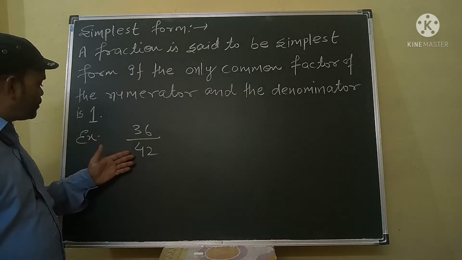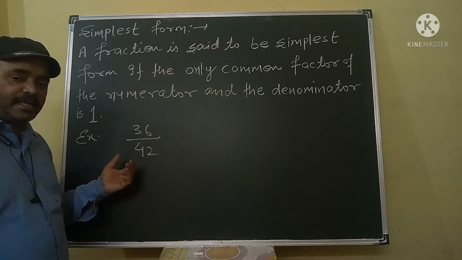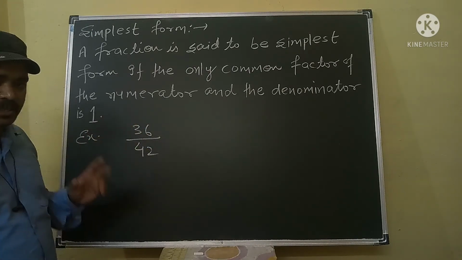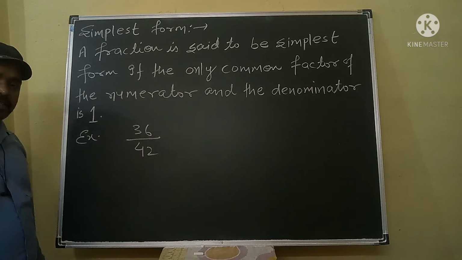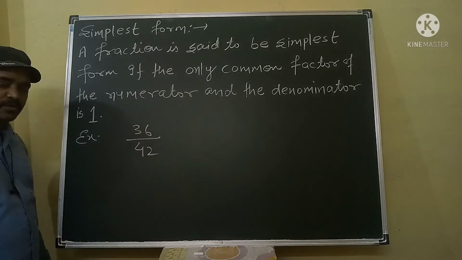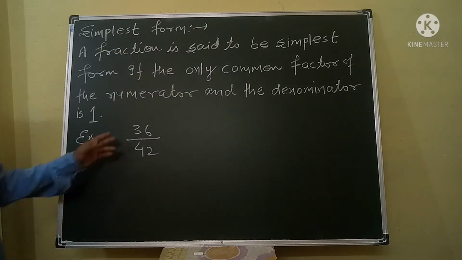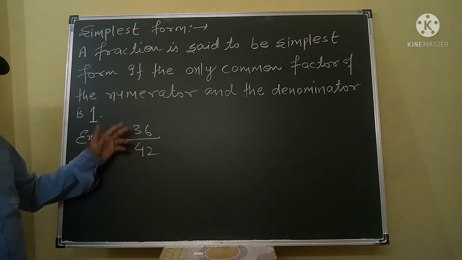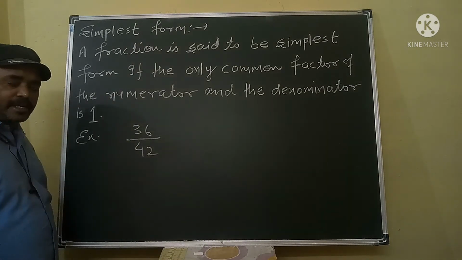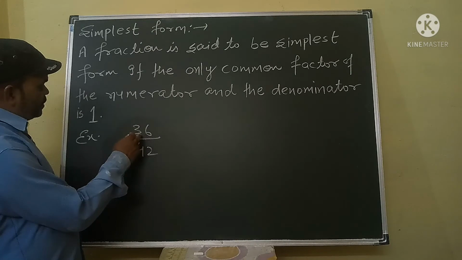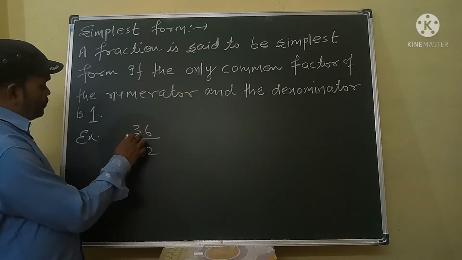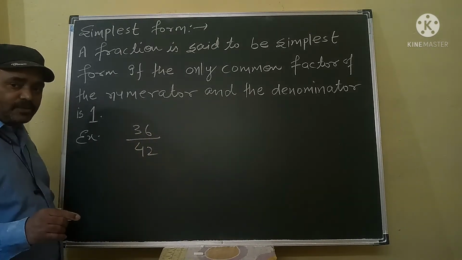So this is 36 upon 42. How can you find out the simplest form of the given fraction? It will be a very easy procedure. You know very well, this is 36 and this is 42, and 36 and 42 are divisible by 2.